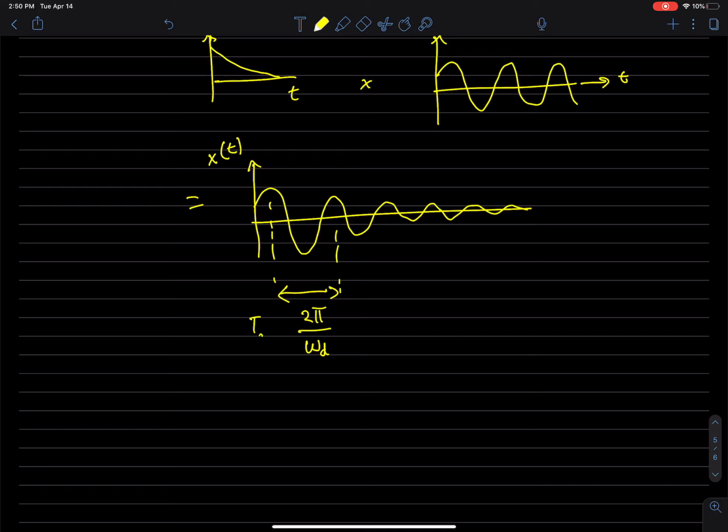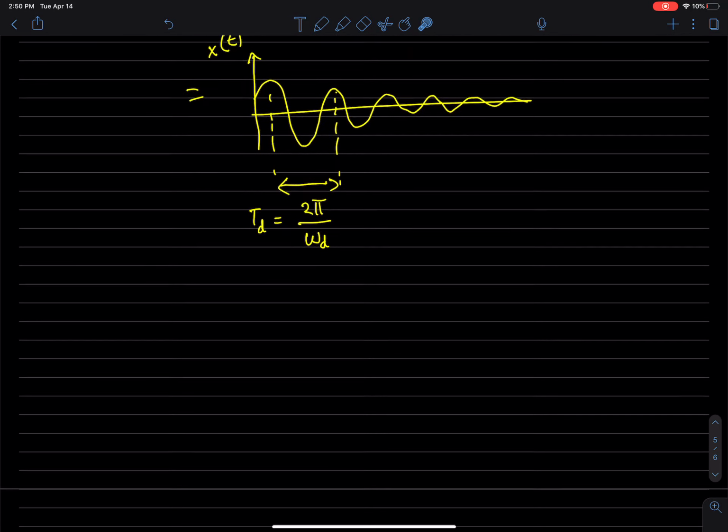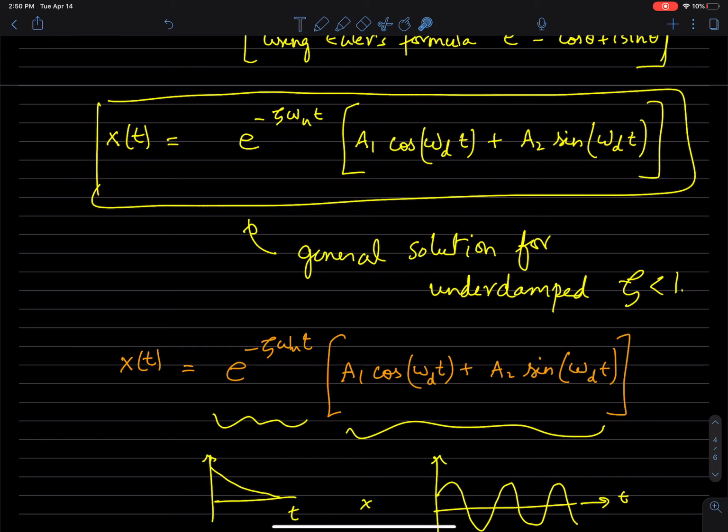Okay, so this is the time period. And the time period of oscillations as it decays is actually 2 pi by omega d instead of omega n. In other words, the frequency with which the thing oscillates gets modified because of damping a little bit. Okay, so that's underdamped.